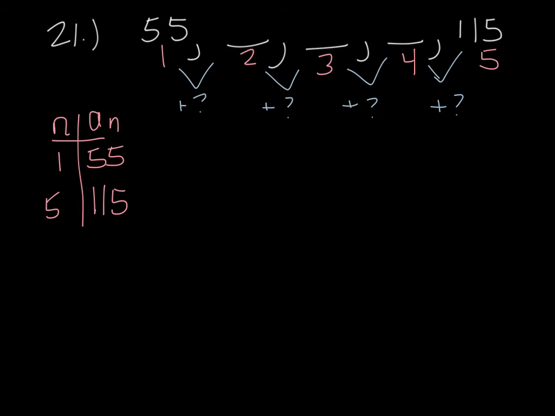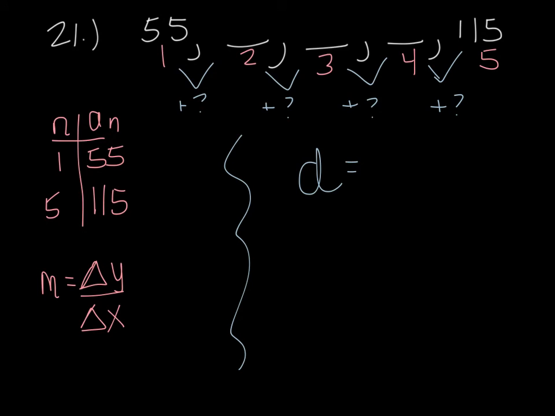Just like we did in the linear world, to find the rate of change, so in linear world, rate of change was equal to the change in y over the change in x. We're literally going to do the same exact thing, except we are in sequence world, so to find the common difference, I'm going to find the change in a sub n and divide it by the change in n.